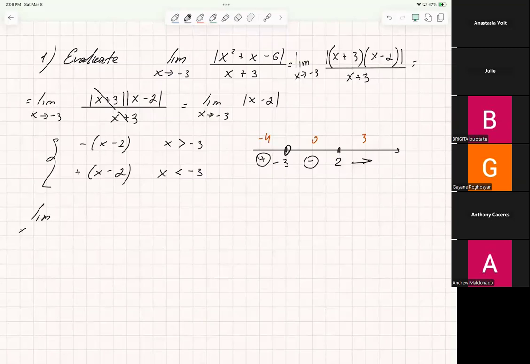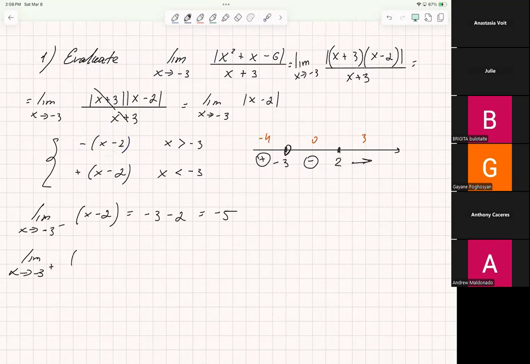Okay, so now let's look at the function from the left side and from the right side, right? The limit as x approaches -3 from the left side is going to be x minus 2, so that's -3 minus 2, which is -5. And the limit as x approaches -3 from the positive side, that's going to be the first function, right?